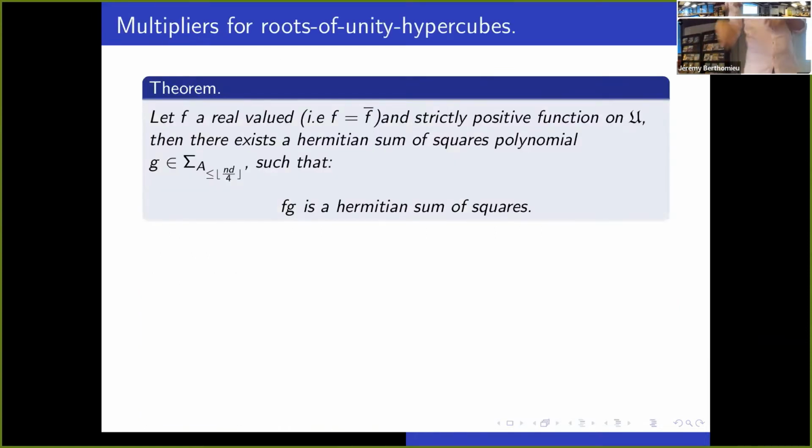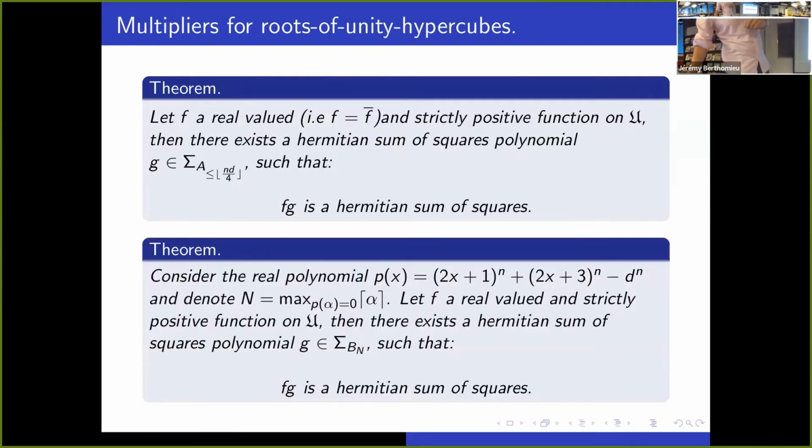So our first theorem, rewritten with this notion, can be seen like this. Let f be a real valued function, meaning that f is equal to the conjugate of f, and strictly positive on U. Then there exists a Hermitian sum of squares polynomial G in sigma A_n such that f times G is a Hermitian sum of squares.